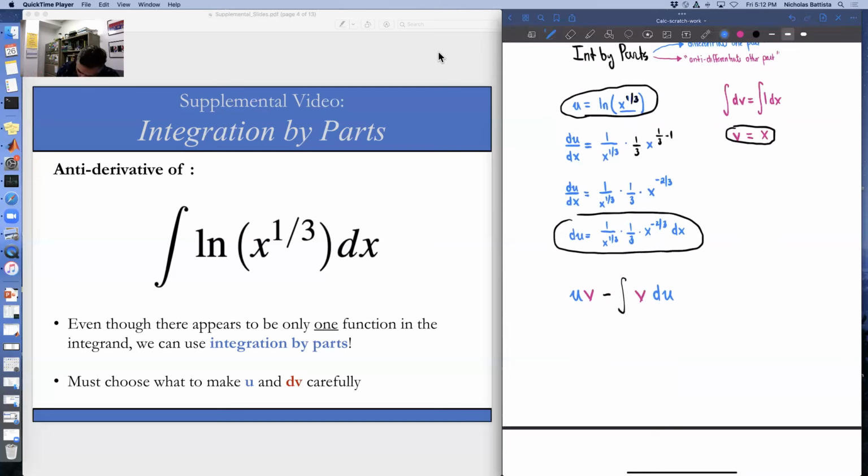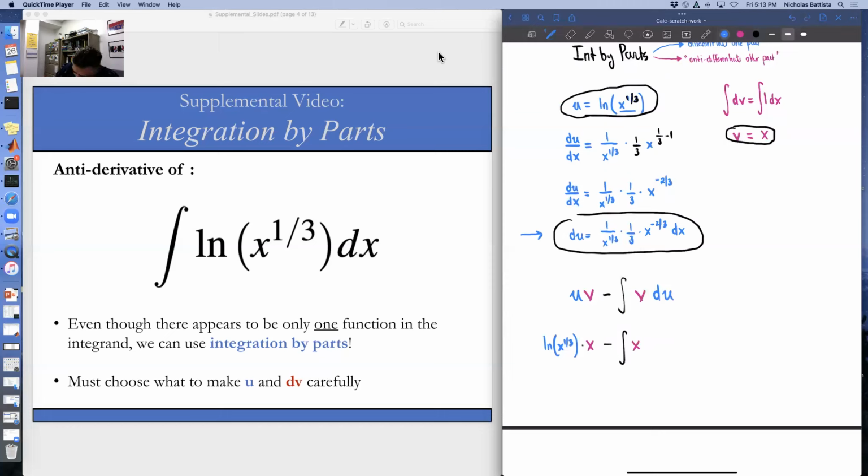So first we plug in for u, we have the ln of x to the 1/3. We plug in for v, that's giving us an x. And then we subtract from it the integral of v du. Again, v is x, coming from our relationship up there. And we found for du, that was that complicated looking kind of derivative that popped out.